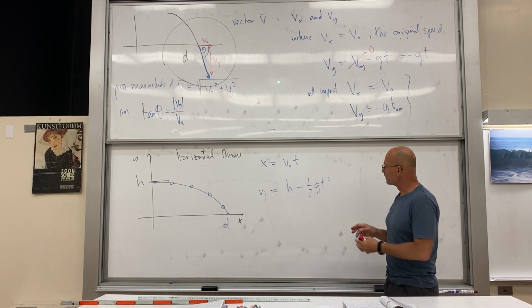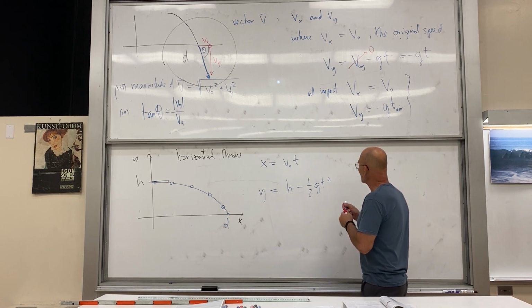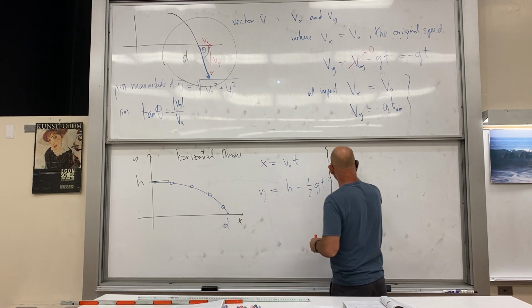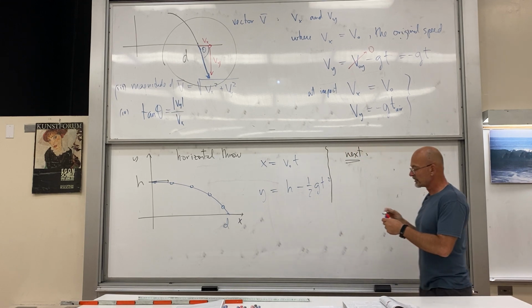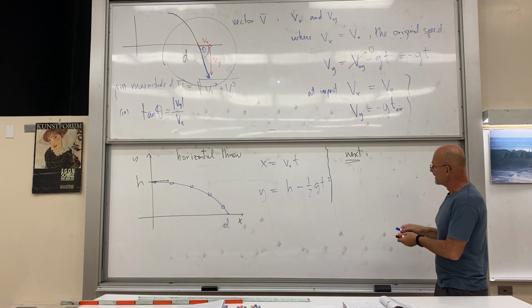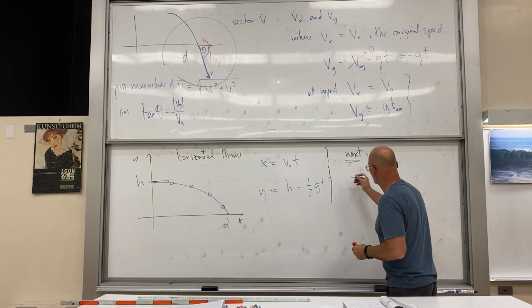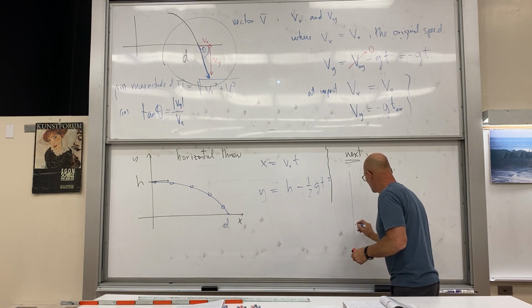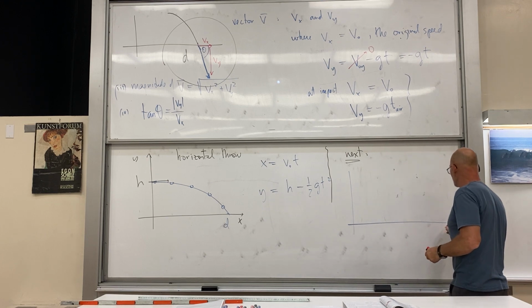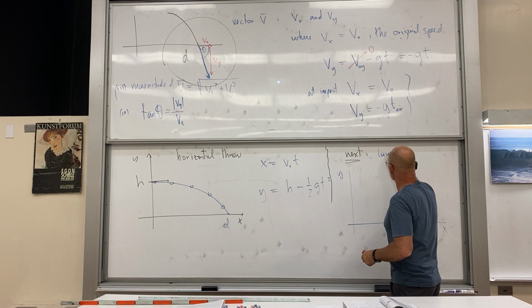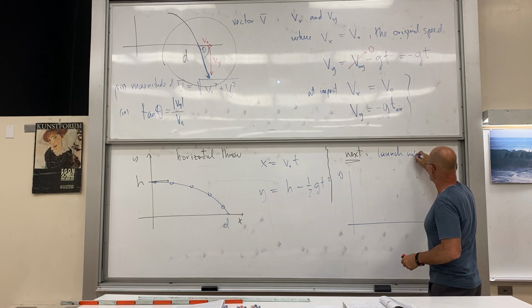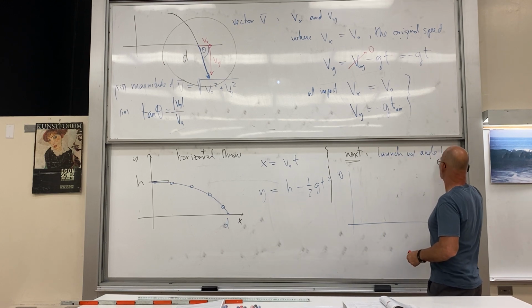Actually, before I do those problems, let me just write what's going to come next to put that into context. So after we've practiced the horizontal throw, the next one we're going to do is the full projectile motion, launch with an angle theta.